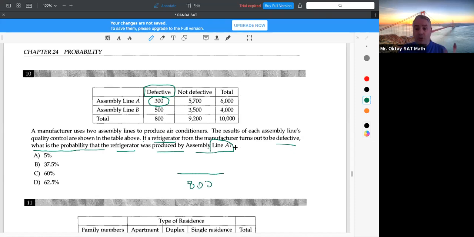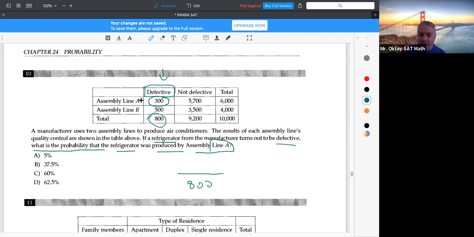We are restricting our sample space. It says that a refrigerator from the manufacturer turns out to be defective. What is the probability that the refrigerator, which is a defective refrigerator, was produced by line A? So defective one is only here. So sample space is 800.